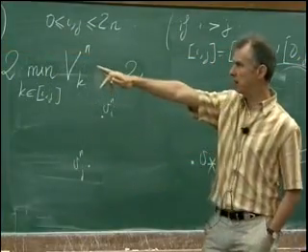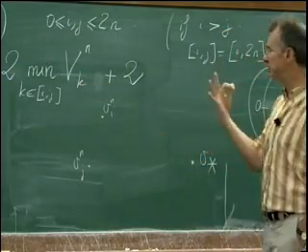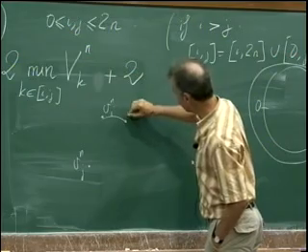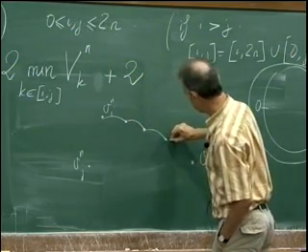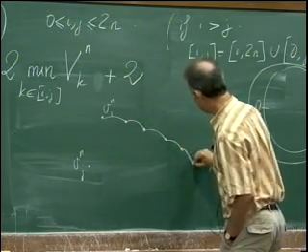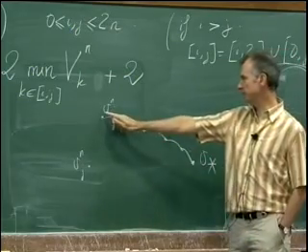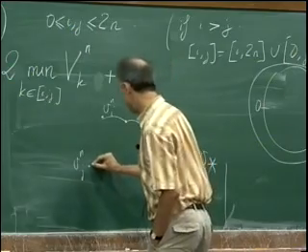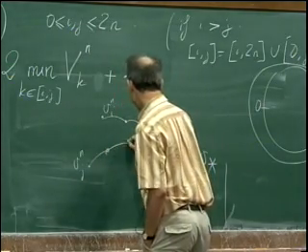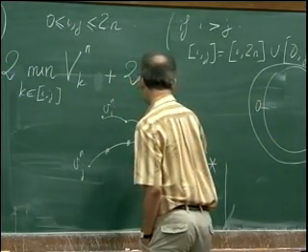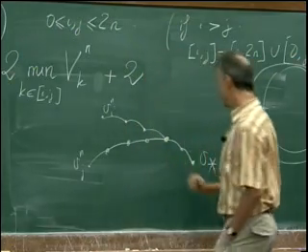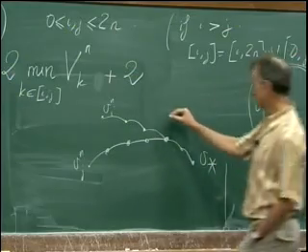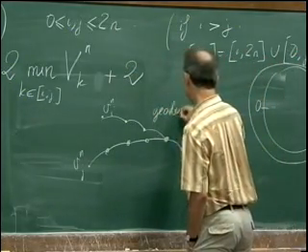I explained to you how you can construct a simple geodesic from a given vertex to V star, just by going each time to the next vertex with smaller label. So you can construct a simple geodesic from V_n^i to V star, and you can do the same from V_n^j. And if you are lucky, the two simple geodesics are going to merge at some point. So these are both geodesic paths.